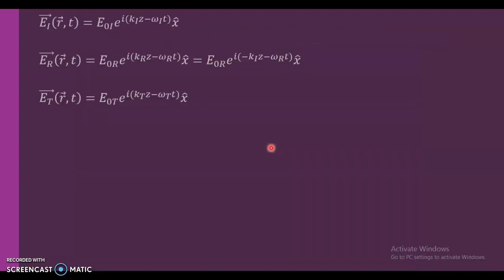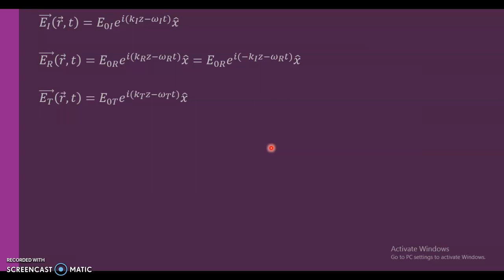We know that for an electromagnetic wave traveling along the z direction, the electric field vector E can be represented as E = E0 e^(i(kz - omega t + delta)) x cap. Similarly, the magnetic field vector B = B0 e^(i(kz - omega t + delta)) y cap.